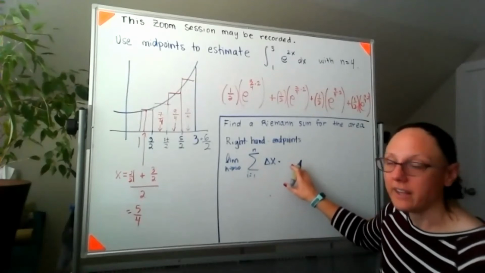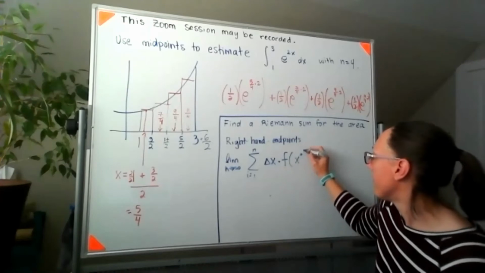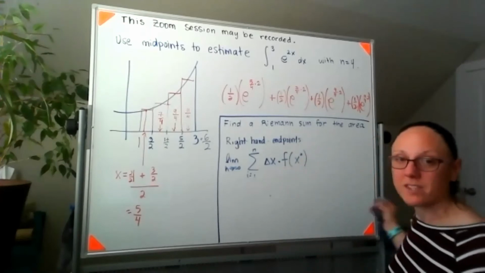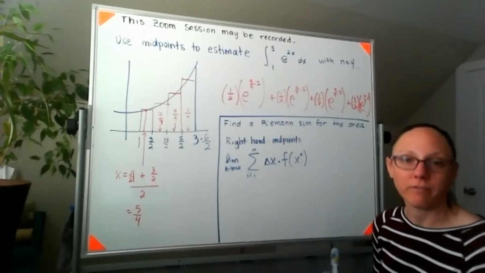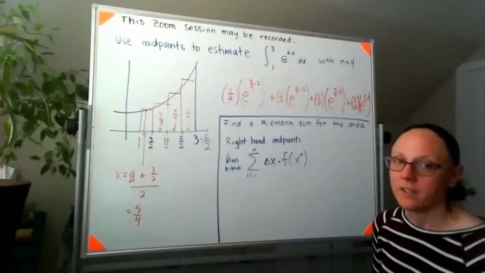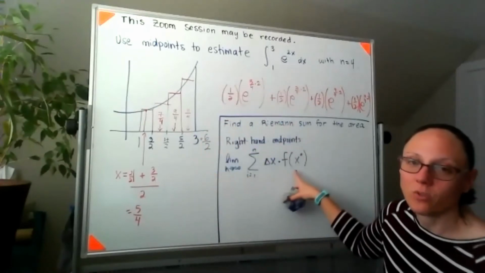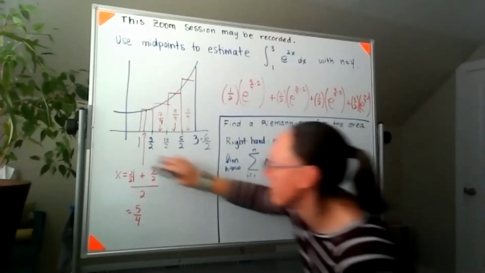And the height is going to come from f of x at our special point. Now, our book uses x star as the special point where we're finding the x value. So I'm going to erase all of my boxes over here so that I've got a little bit more space to figure out what that x star is.